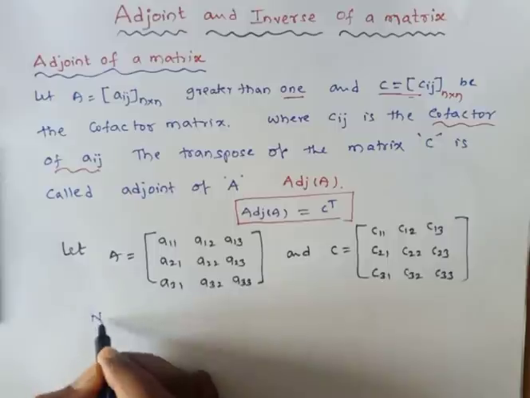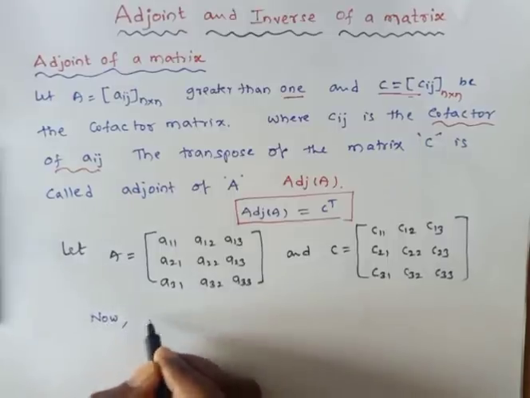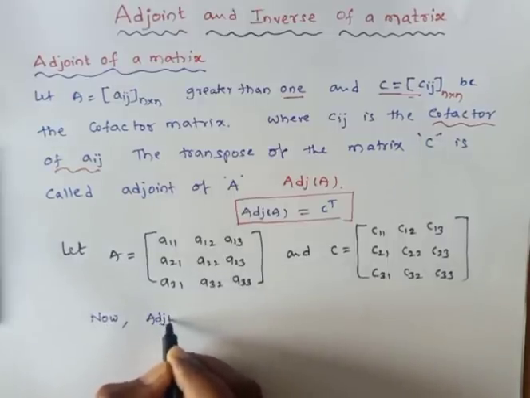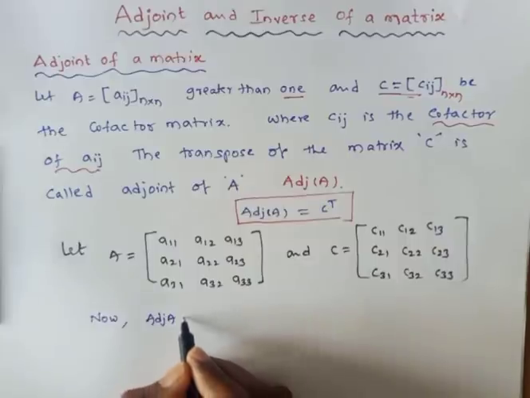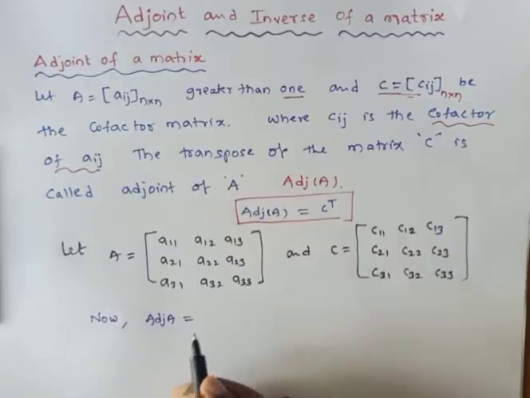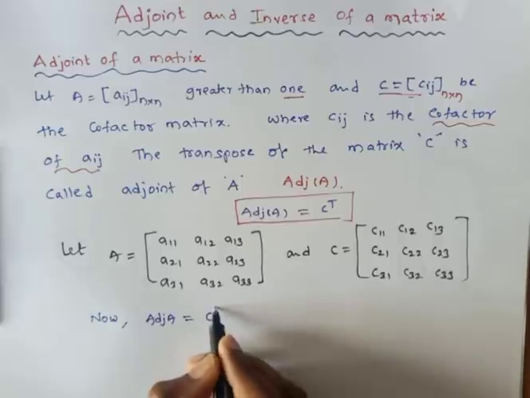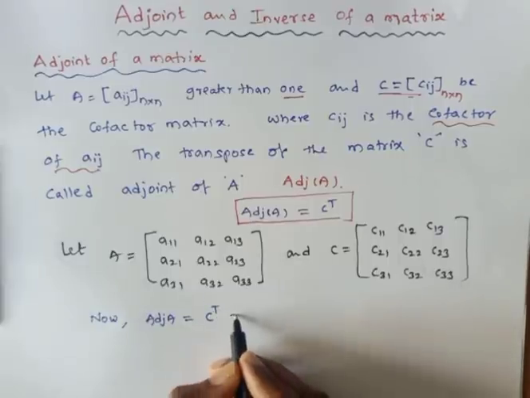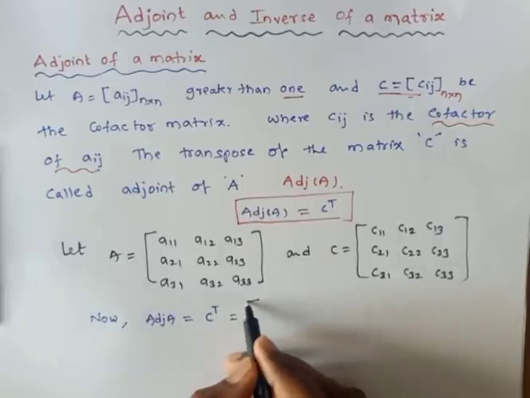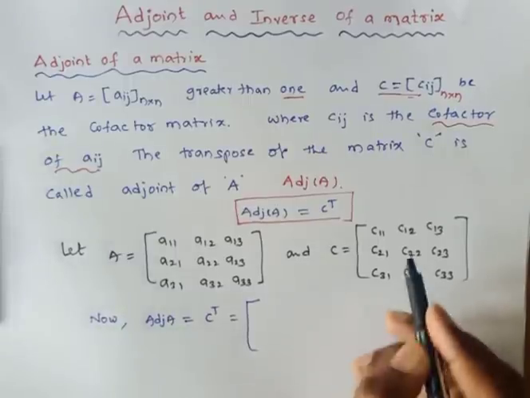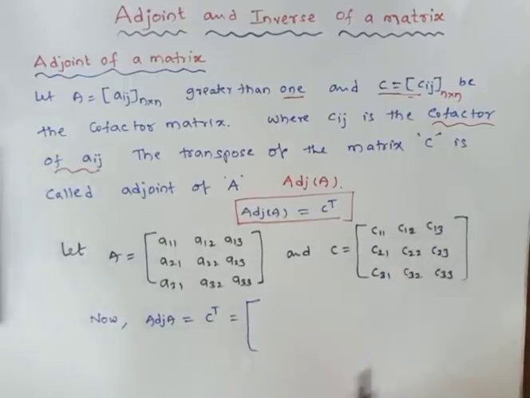Now we can define the adjoint of the matrix. The adjoint is the transpose of the cofactor matrix, C transpose. The transpose is obtained by interchanging the rows into columns.